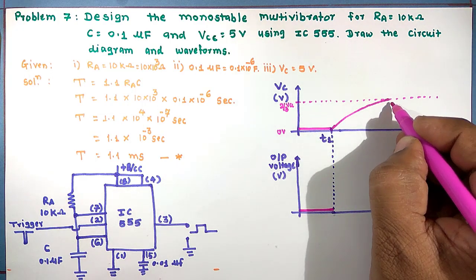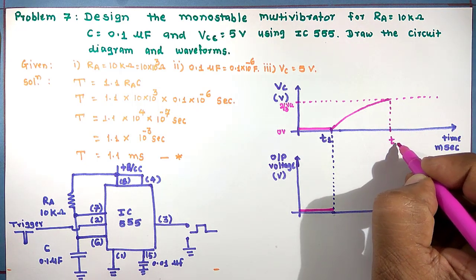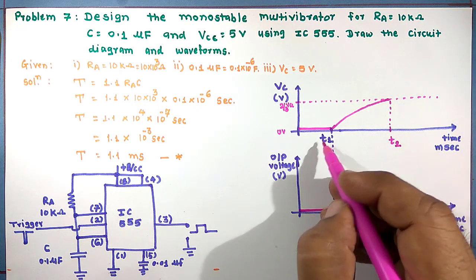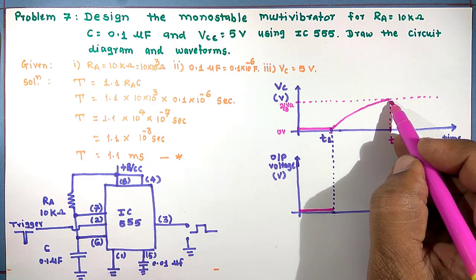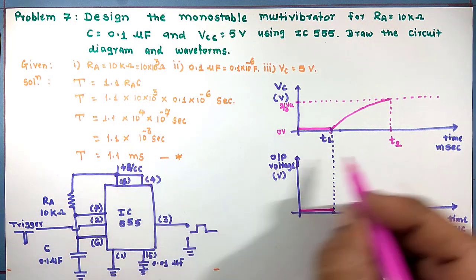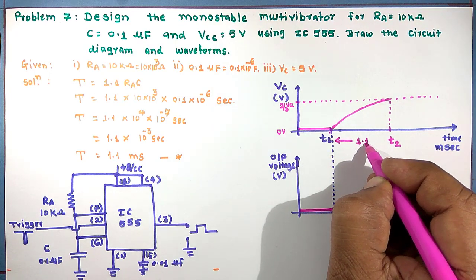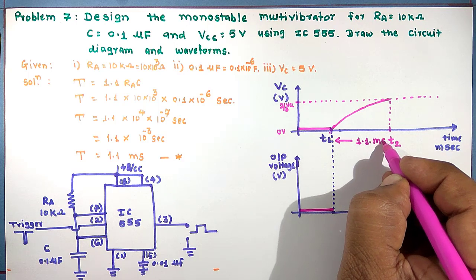The time required to charge the capacitor from 0 volt to 2/3 VCC in this particular design is 1.1 millisecond. So this much time is 1.1 millisecond.